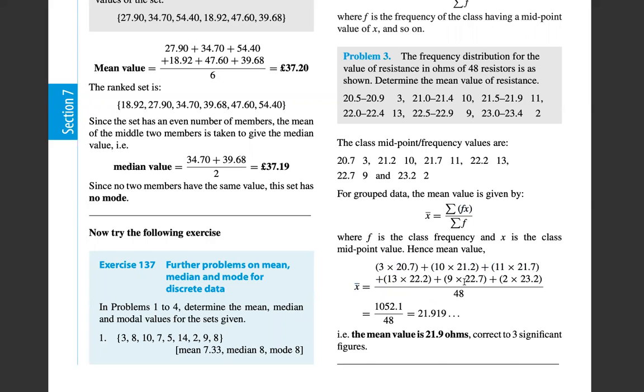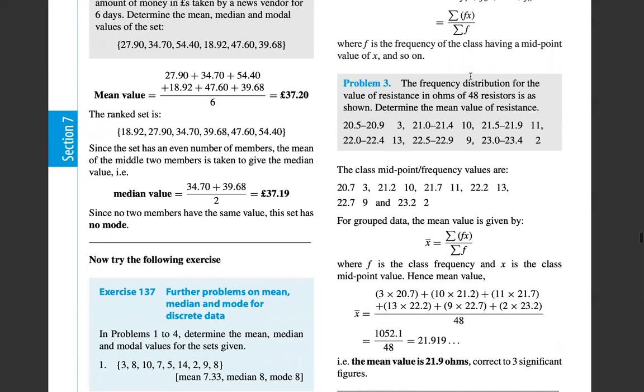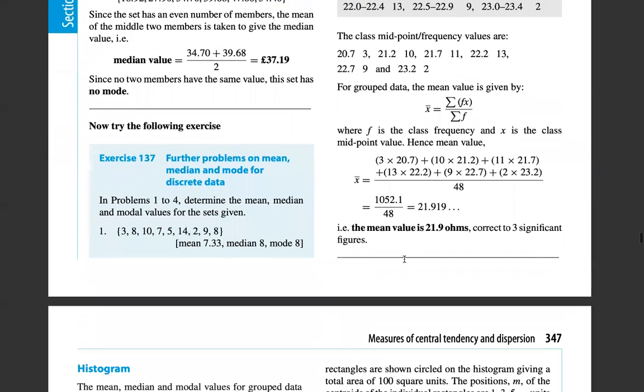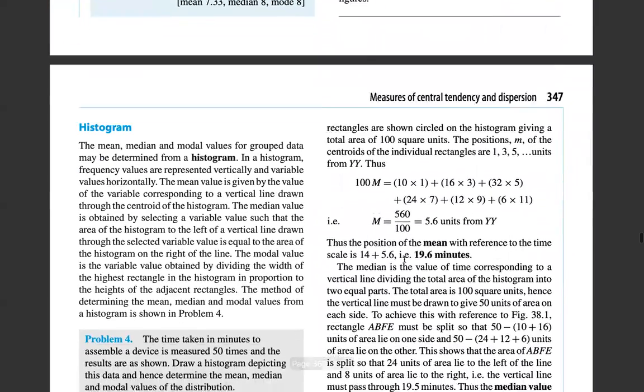If you have tabular data, you multiply each frequency by the midpoint. See the midpoint values here. The midpoint of 20.5 to 20.9 is 20.7. They just add the two endpoints and divide by 2. So these are straightforward calculations.